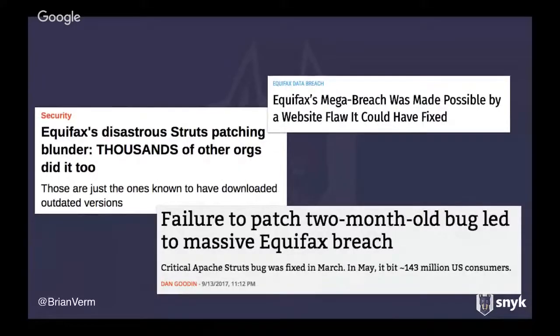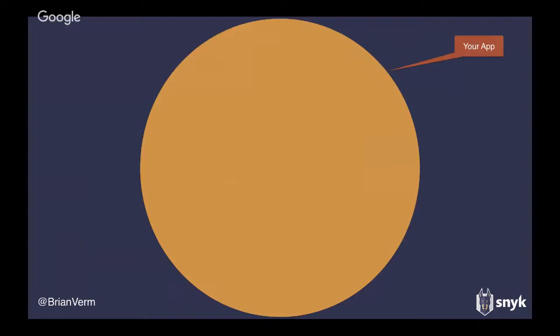So getting back to my slideshow, basically, if you look at your application, it is kind of like this big yellow ball, and how much of this application that you put into production is your code? Think about it. Probably it's something like this, right?